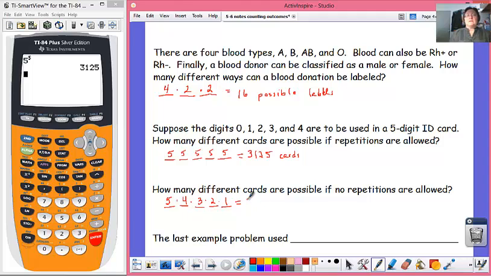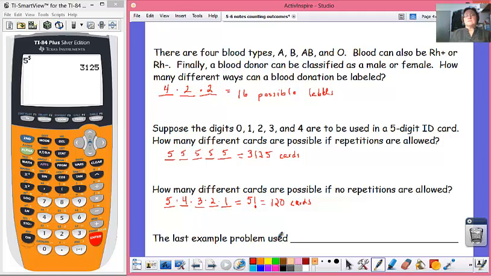Some of you will remember it. It's 5 factorial, and the notation for factorial is the exclamation point. And 5 times 4 is 20, 20 times 3 is 60, and 60 times 2 is 120, and 120 times 1 is 120. So with no repetition, only 120 cards.